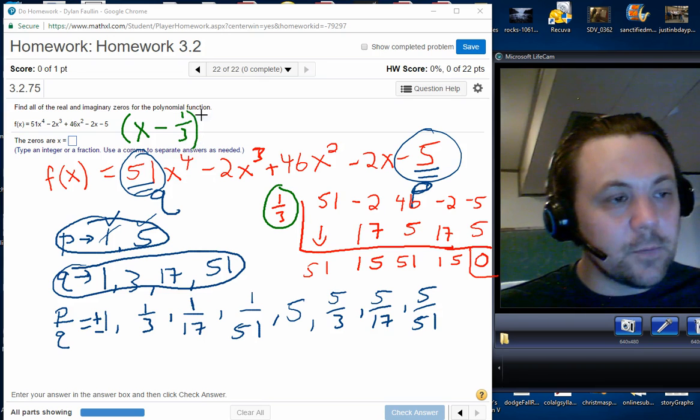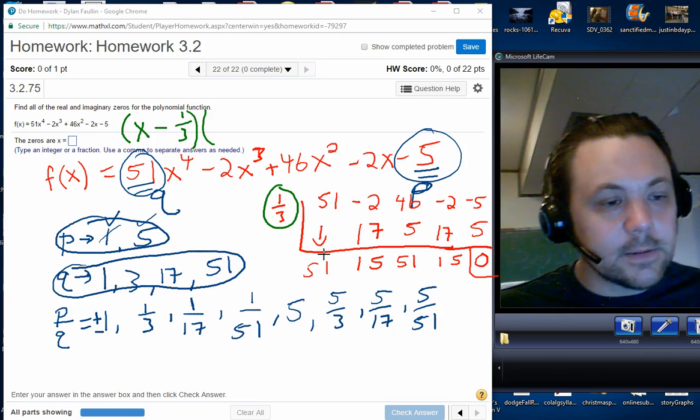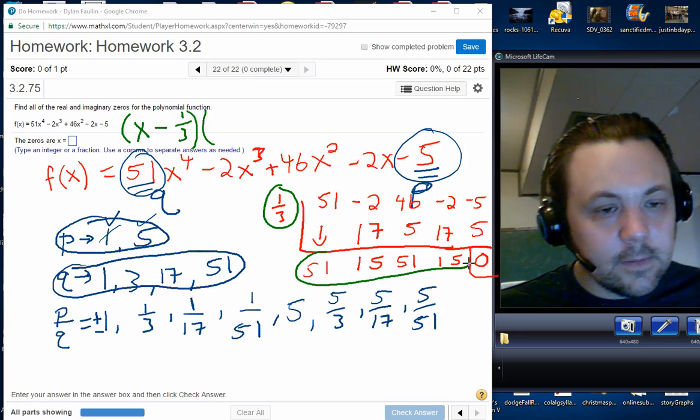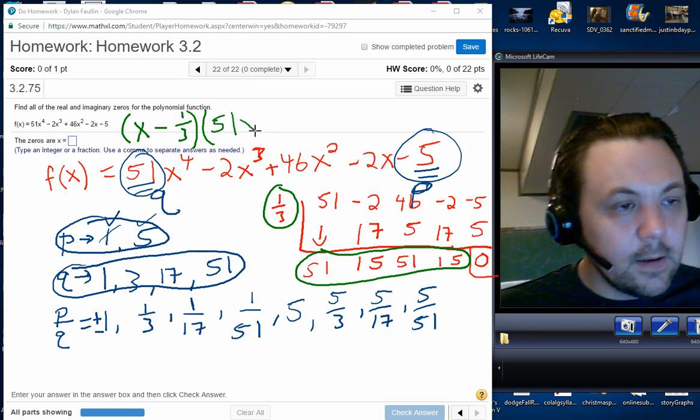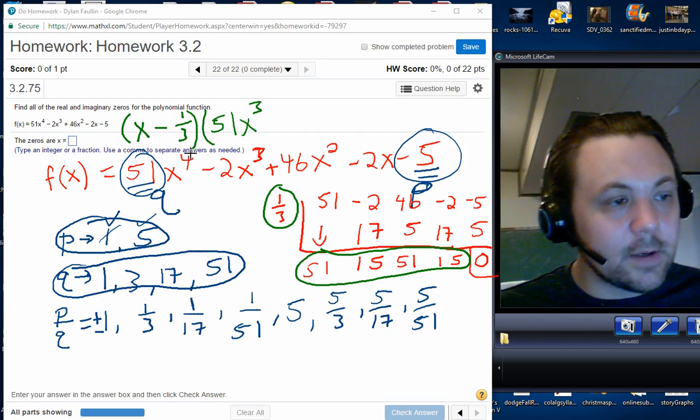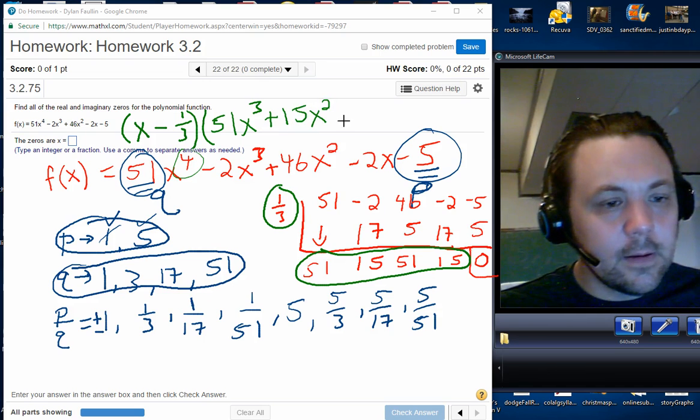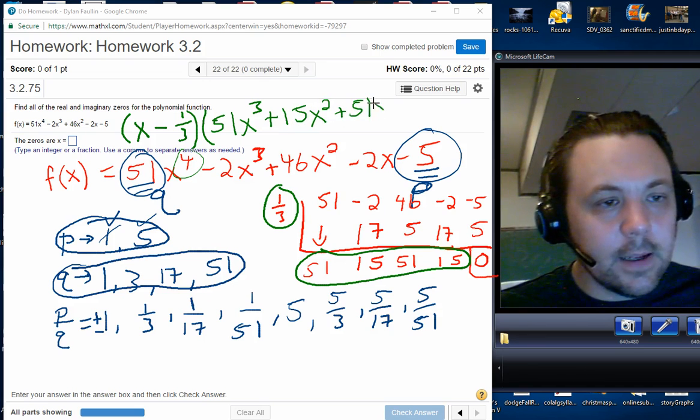So x minus 1/3 would be one of my factors. The quotient that I got from this division would be another factor. So it's going to be 51x to the 3rd power this time, because we go one less than what we started with, plus 15x squared plus 51x plus 15.